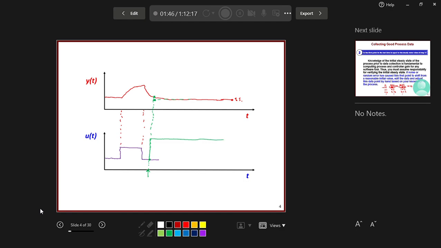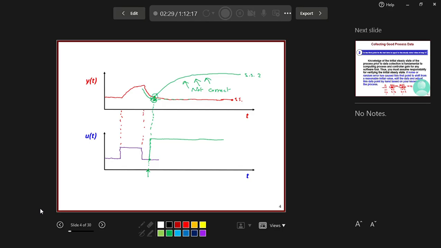So what you will have is another response for the process, and you will reach another steady state. So you have started collecting the data while the process is still underway, going toward the steady state. It did not reach the steady state, and now this collected data is not correct. The reason is that the starting point of collecting the data was not at the steady state. This is the steady state while you started here.